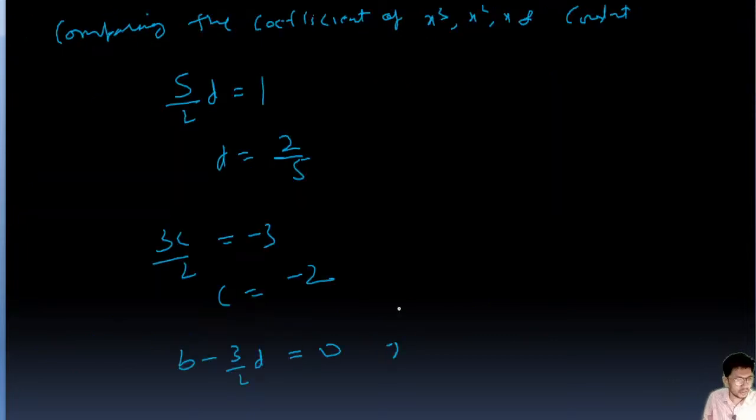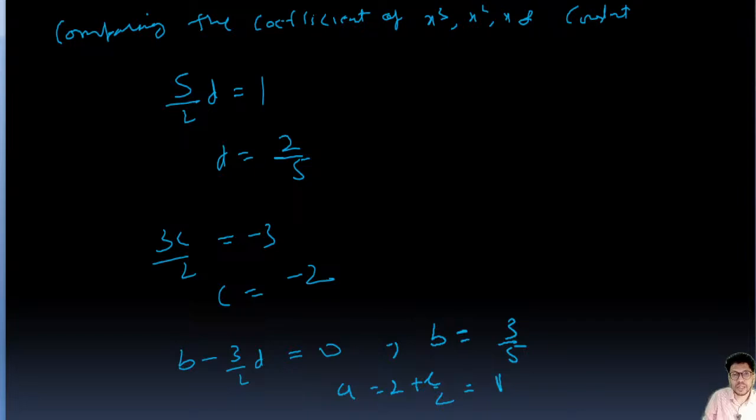So from here the value of b is going to be 3 by 5, and similarly the value of a, we write a equal to 2 plus c by 2, so from here we'll put the value, and this is going to be 1.